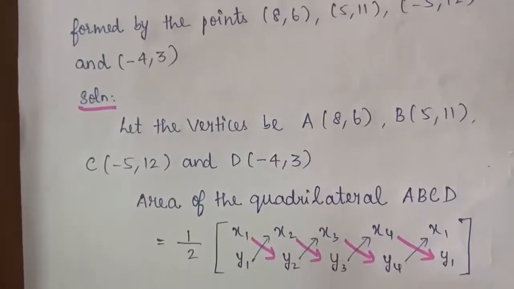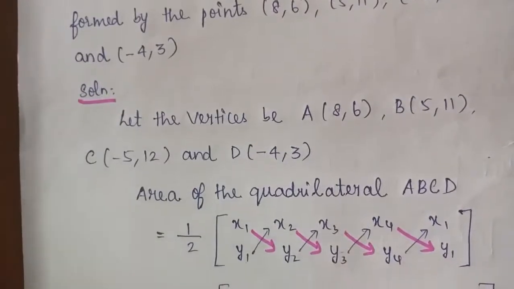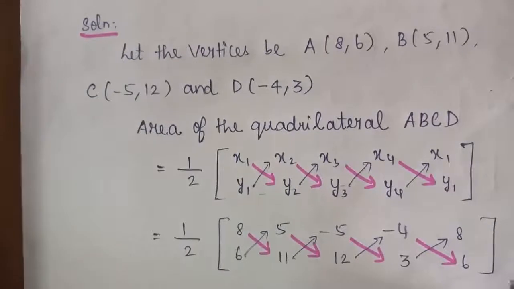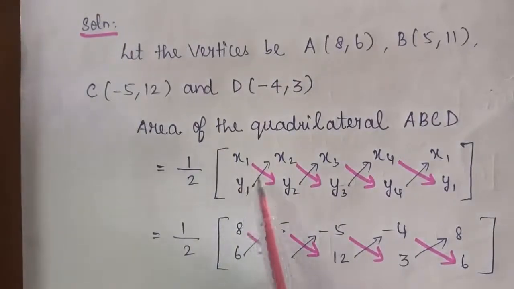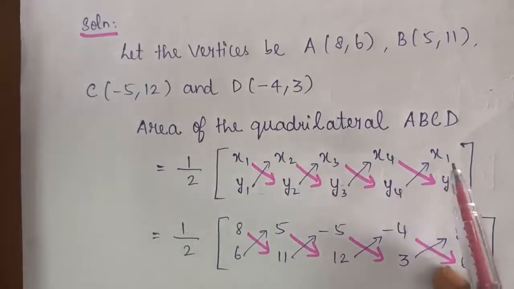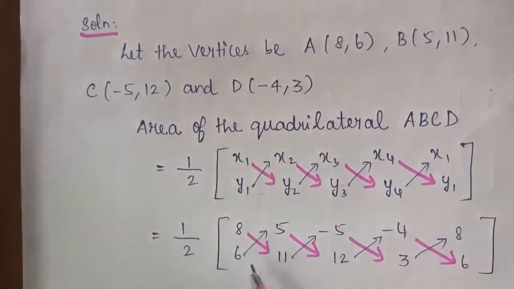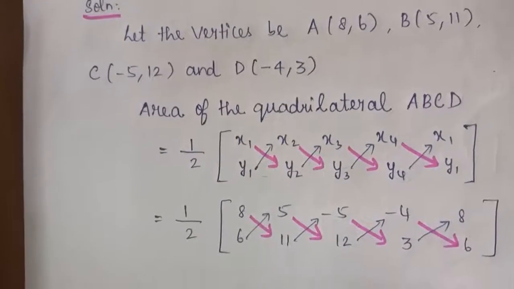Then you have to find the area of the quadrilateral ABCD. So this is the pictorial representation, which is equal to 1 by 2 into x1 y1, x2 y2, x3 y3, x4 y4, again x1 y1. I just substitute the values.